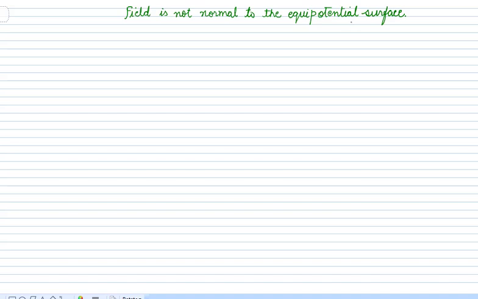Now, in an equipotential surface, any two points are at the same potential. The word equipotential is very clear from the word itself: equi is for equal, and potential means here the electrostatic potential.